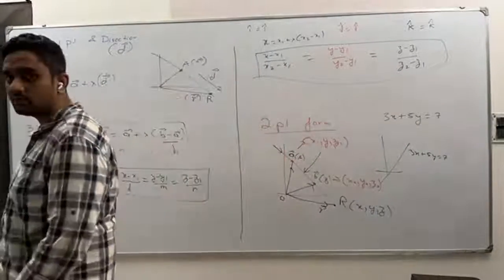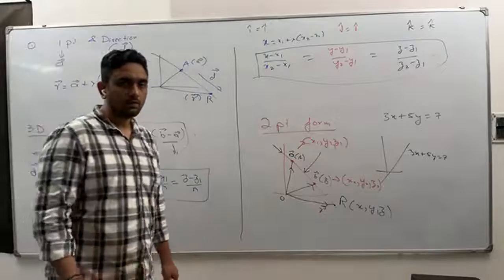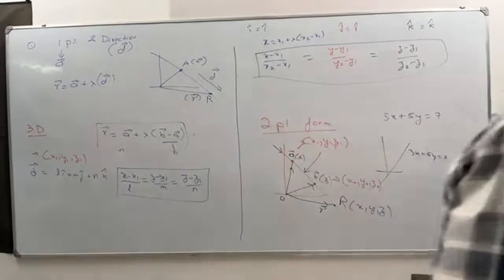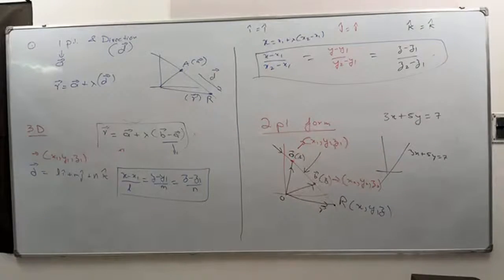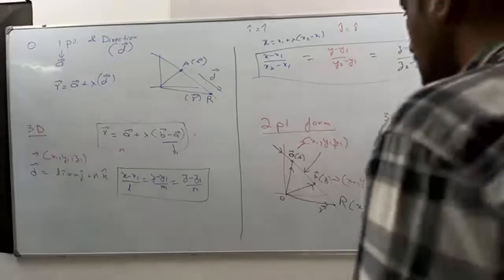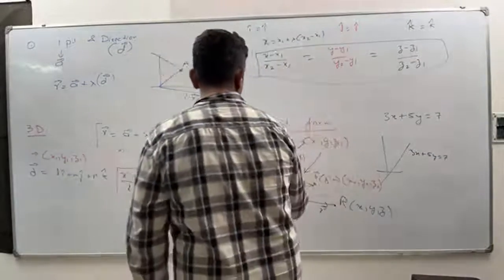Right. All of you are clear on this? Okay. So before we move ahead, we'll take a question based on the equation of lines. Okay, so all of you do question number 4 from exercise 11.2. Try out question number 4 from exercise 11.2.